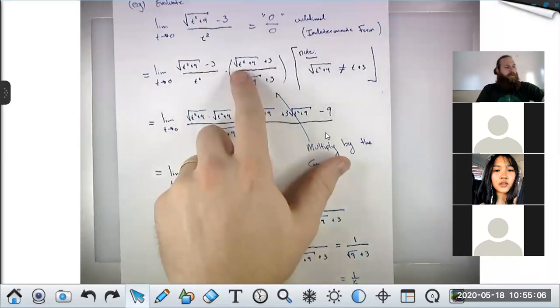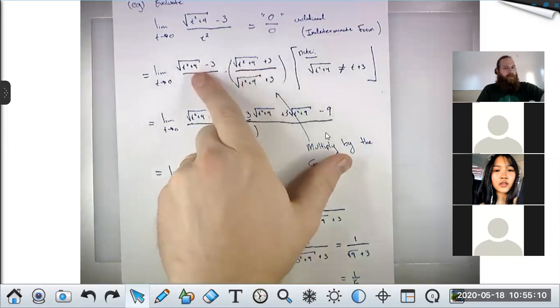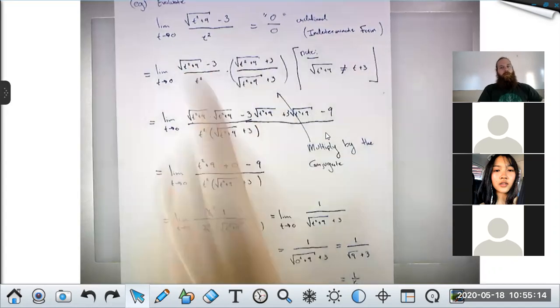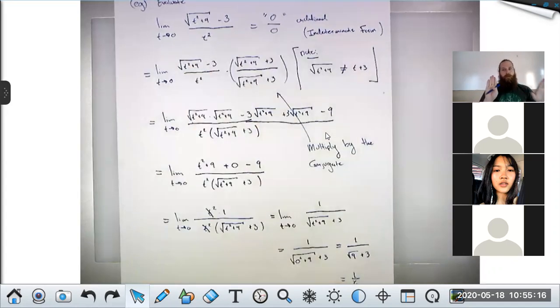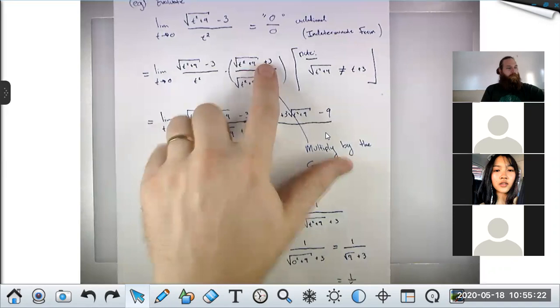This expression, root t squared plus 9 plus 3, is called the conjugate of this expression, root t squared plus 9 minus 3. If you have the square root of something plus or minus something else, then the conjugate of that expression is what you get when you flip that minus to a plus or that plus to a minus.